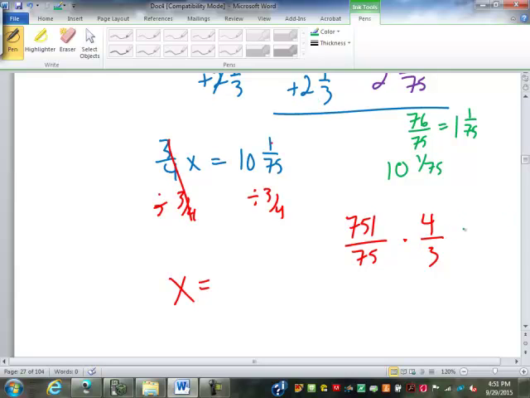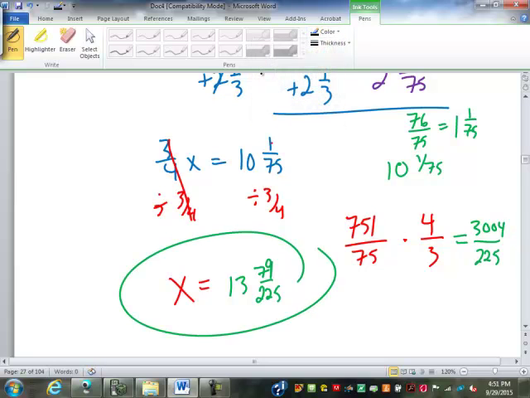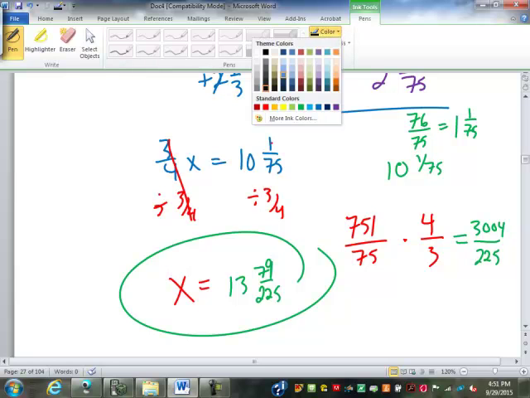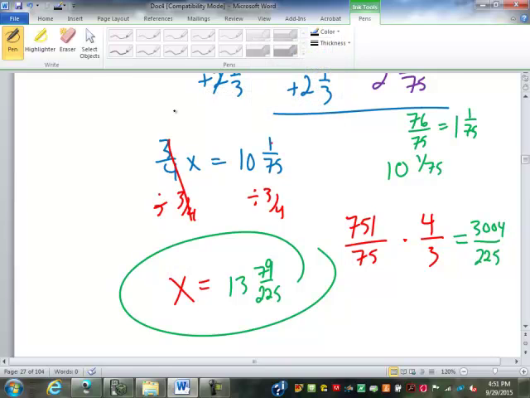Unfortunately, no. This is 3004 over 225, which divides out to be 13 79/225. What do you think? Challenging. You guys get the process? One more? Okay.